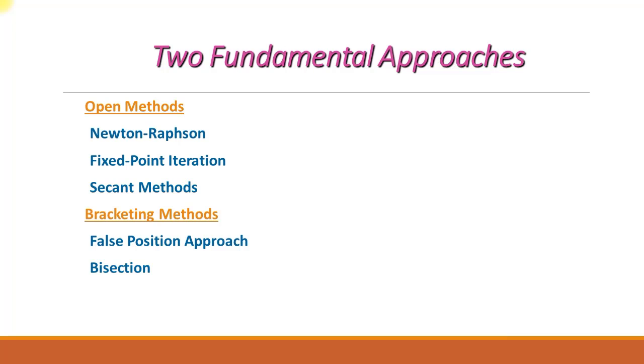And in the second approach, bracketing methods, there are two methods: the false position approach and the bisection method. We have already discussed the false position method, and today we are going to discuss the bisection method and its procedure. So this lecture is the continuation of the previous video lecture in which we discussed the false position approach.